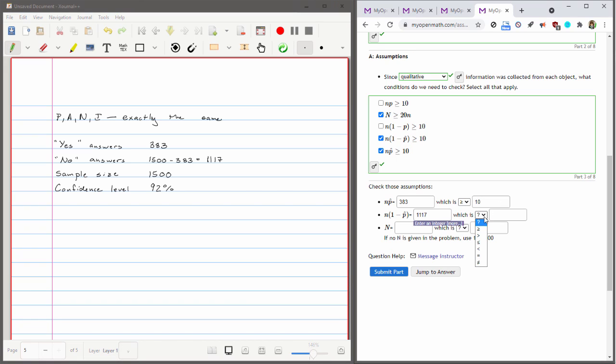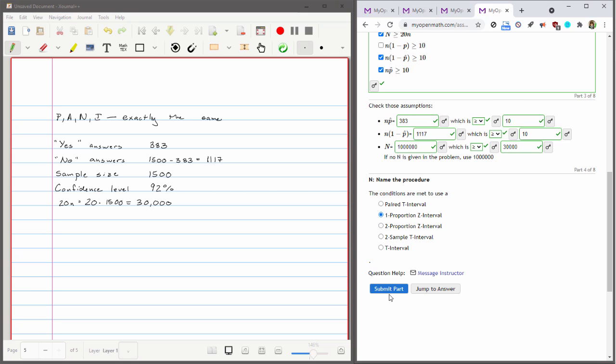Again, greater than or equal to 10. We don't know the population, so we'll use a million. 20n is 20 times 1,500, which is 30,000. And I just used a calculator off screen for that. And indeed, the population is greater than or equal to that.